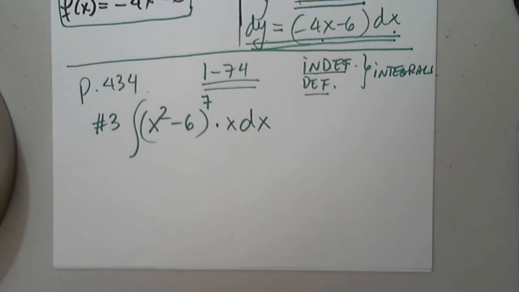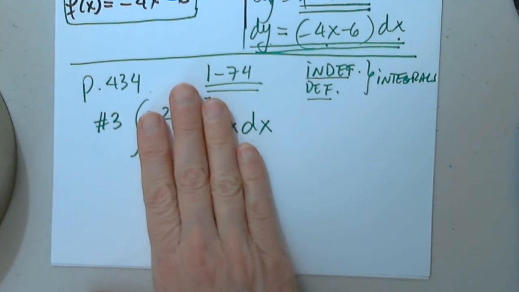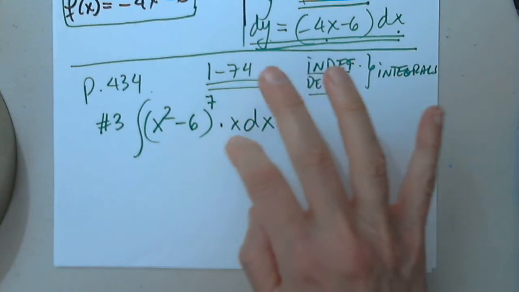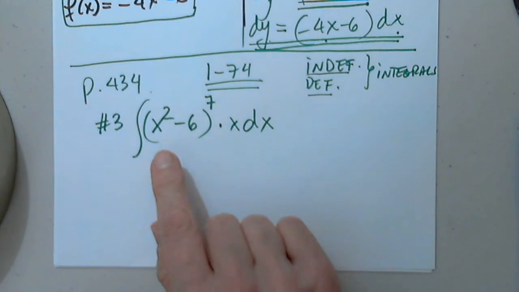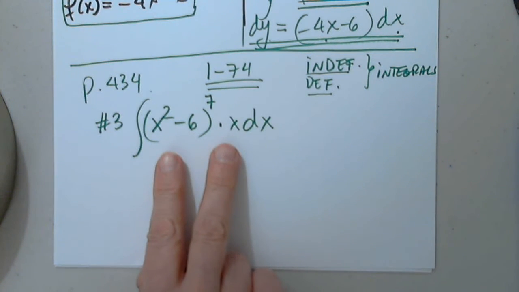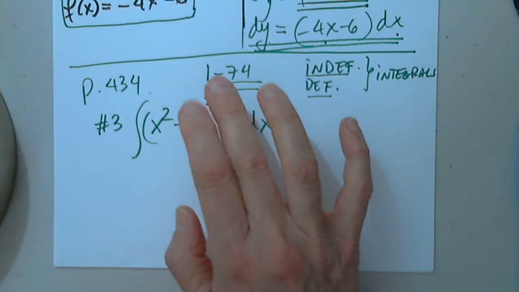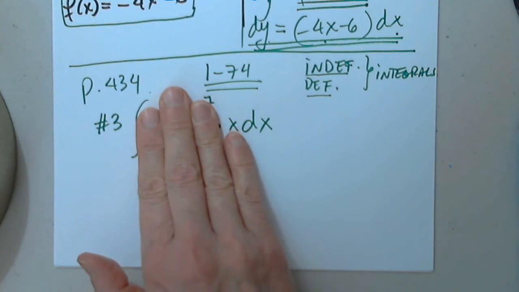Okay, so I'm looking at this function. I have the x, of course, because the variable is x. And I see that this function is a product of two functions: x squared minus 6 to the 7th power, multiplied by x.